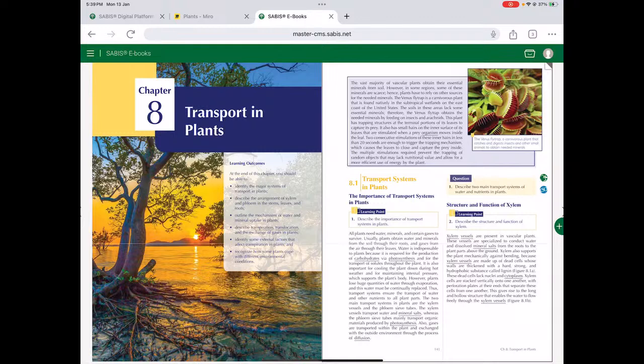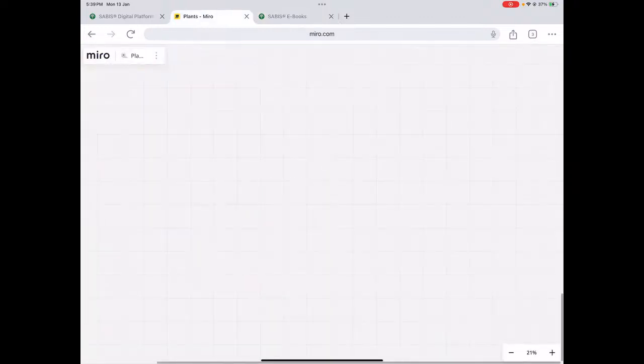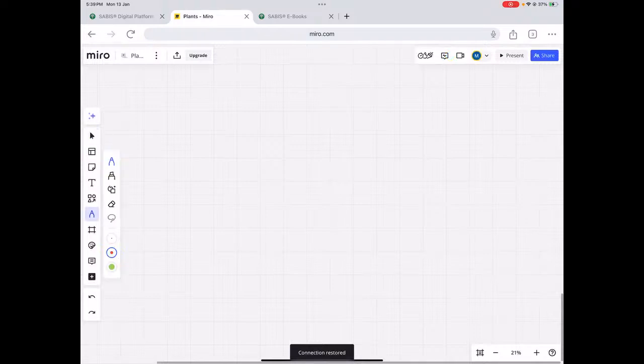So I'm gonna start. We're gonna be talking about chapter 8, transport in plants. Just a quick revision: we spoke about plants in general. They are living organisms, they have a shoot system and a root system.